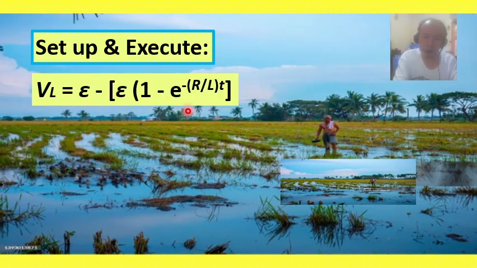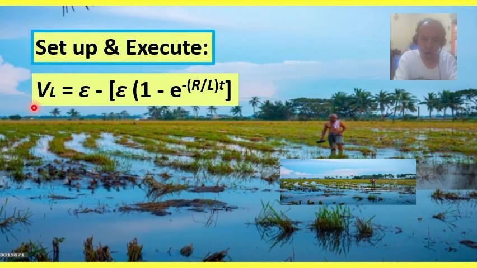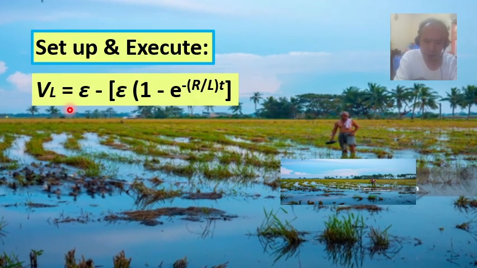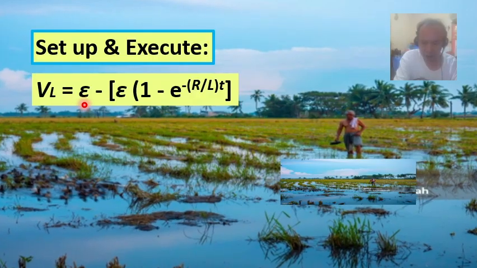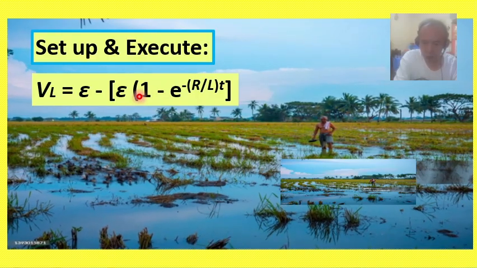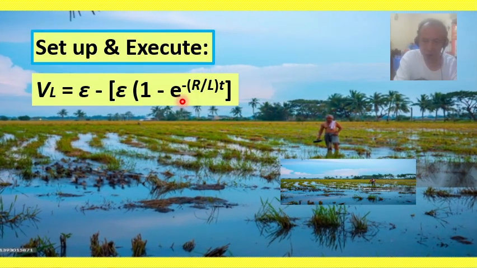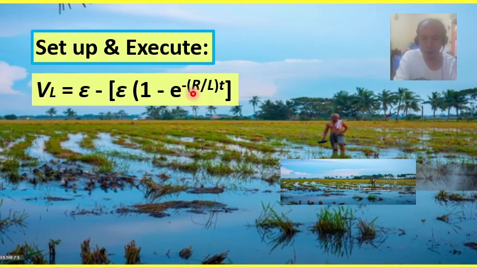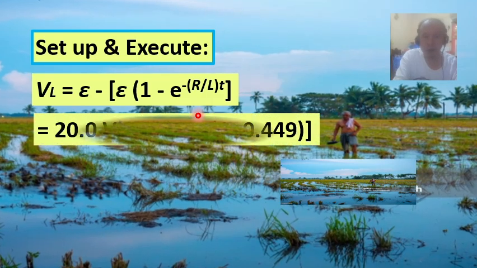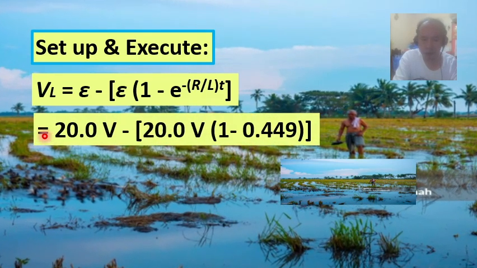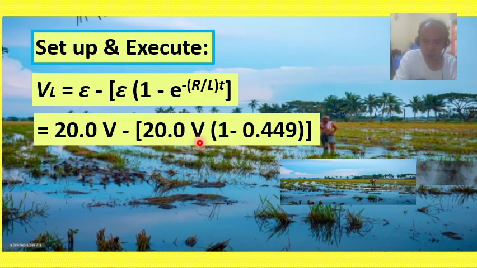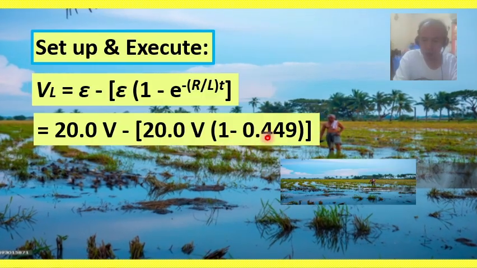For the voltmeter reading, we use the formula for finding the induced voltage, capital V sub L, which is equal to epsilon minus bracket epsilon times open close parenthesis 1 minus Euler's number raised to the power negative R over L times T. Substituting, we get capital V sub L equals 20.0 volts minus bracket 20.0 volts times 1 minus 0.449.